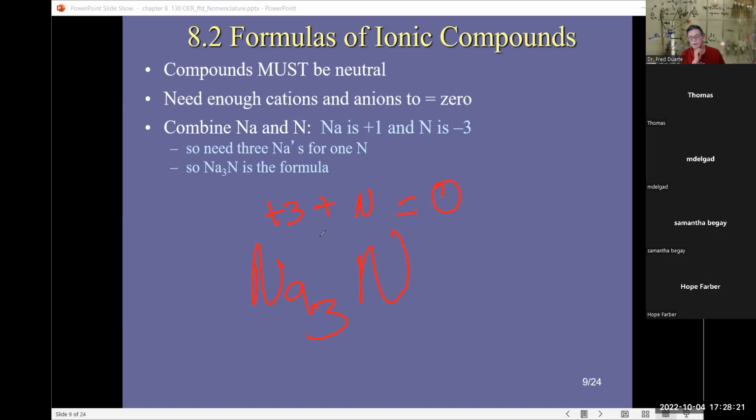We have a little algebraic equation, right? Nitrogen. Right, so we can solve for nitrogen. So rearrange this, so it becomes nitrogen equals -3. So that means that this nitrogen with 3 sodiums has to be a -3. Okay, so we can use that to our advantage. And this is how we are able to calculate the charges that we don't know.